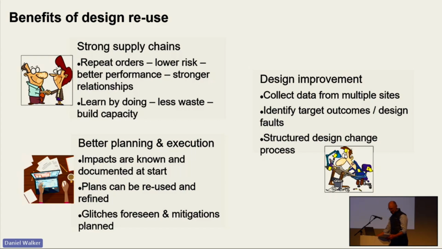Secondly, it leads to better planning and execution of projects. Project managers can reuse delivery plans and programs from earlier projects and can make revisions and adjustments to iron out glitches and make things run more smoothly. And finally, it facilitates aggregation of data and experience from multiple sites in order to identify common problems and issues. And this information can be used to formulate incremental improvements in the design.